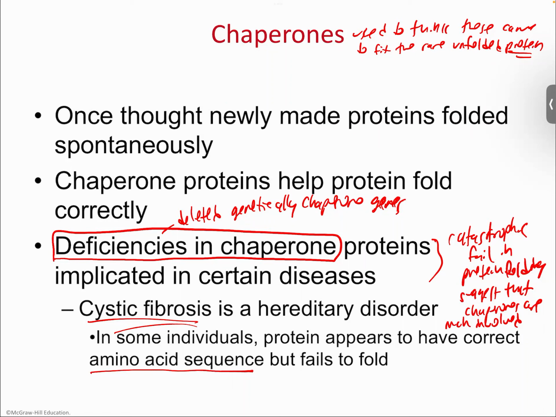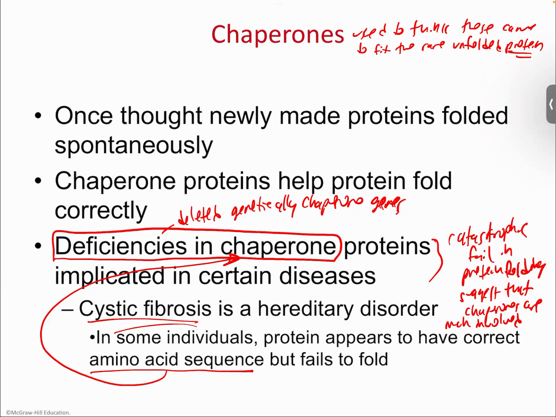Why? Because it's not the sequence itself that allows it to fold, but it's the chaperone that's actually in there doing the folding. You can imagine the chaperone as almost like a potter on a potting wheel, with its hands on the clay, molding and forming it. The chaperone doesn't have to do much.